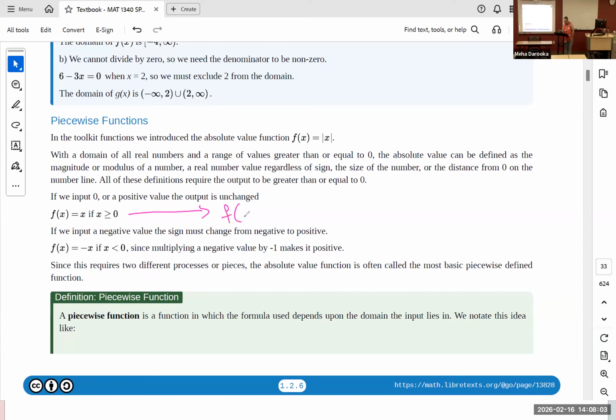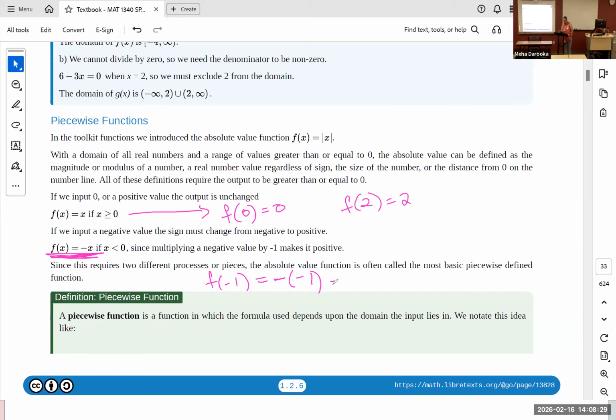So if your x is a positive number or 0, so let's say if x was 0, you get 0. If x was a positive number, the absolute value would keep it positive. But what happens when the number itself is negative? So let's say if I had f of -1, by this definition, we are saying put an extra negative sign there, and then your x also happens to be negative, right?